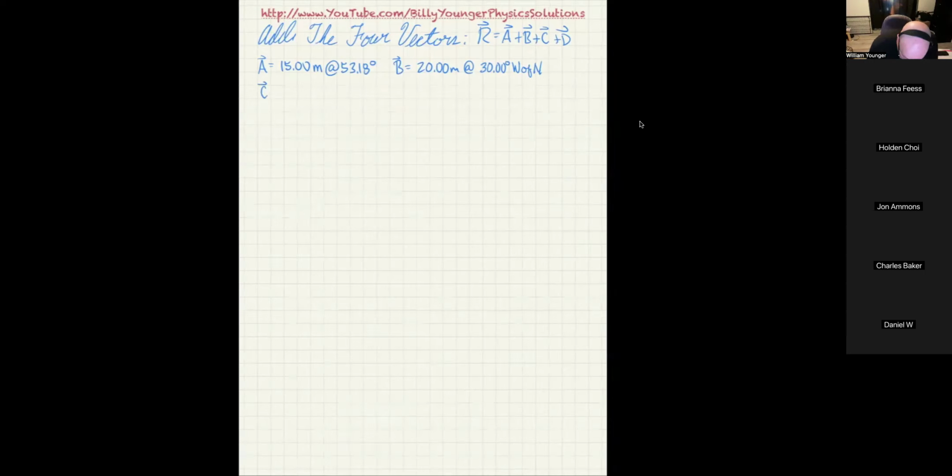Vector C is going to be 14.14 meters, and this one is going to be at, let's say, 45.00 degrees.